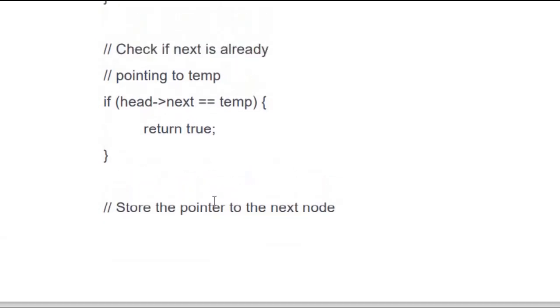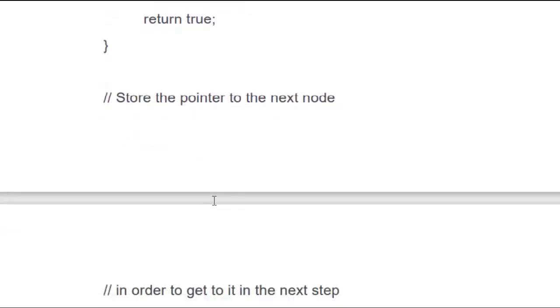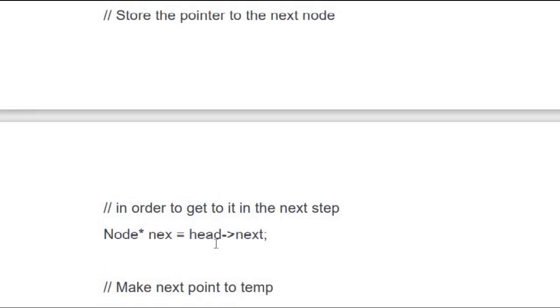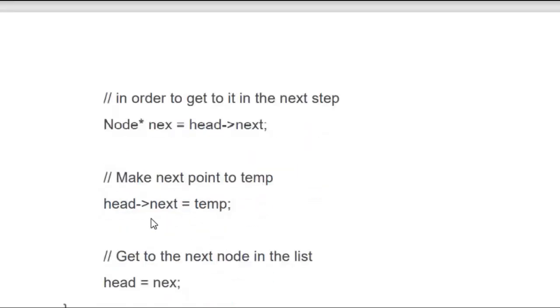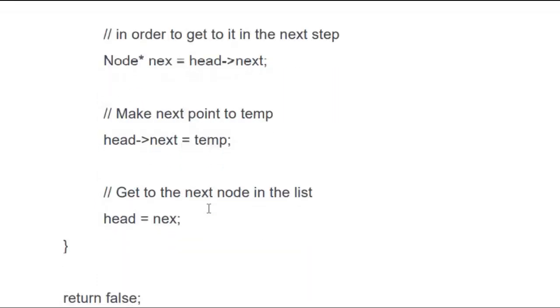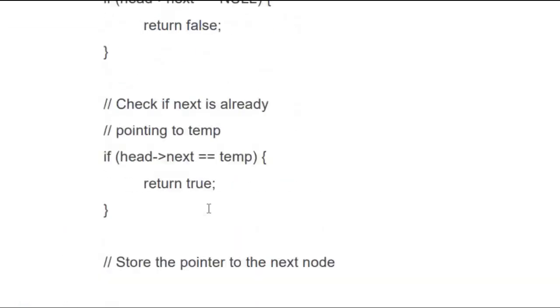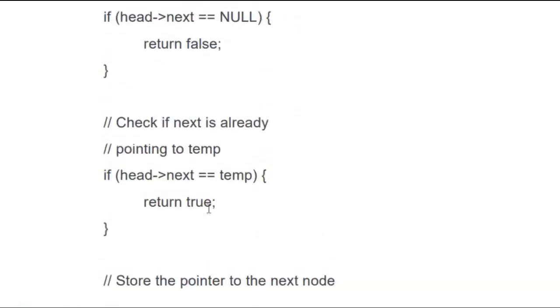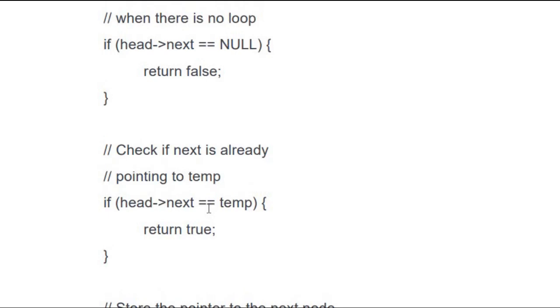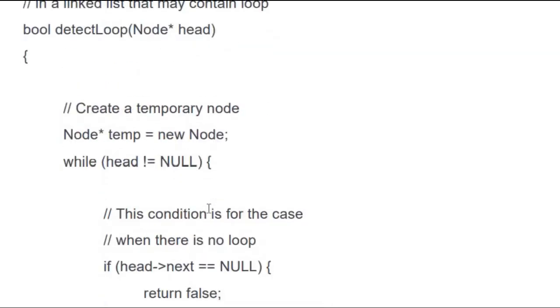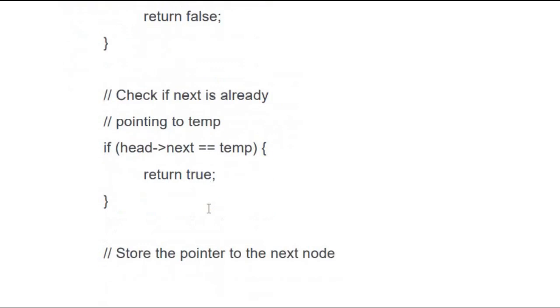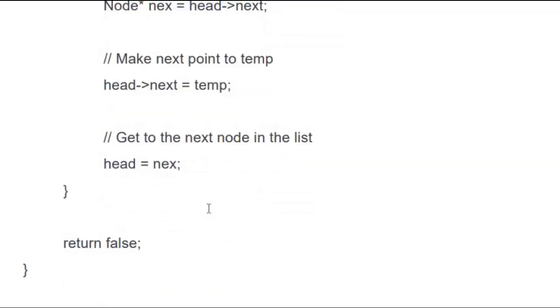And if both the conditions aren't met, then we will simply put head dot next equal to temp and head equal to next. And after all the iterations, if nothing came up and the head became equal to null, then we will simply return false.